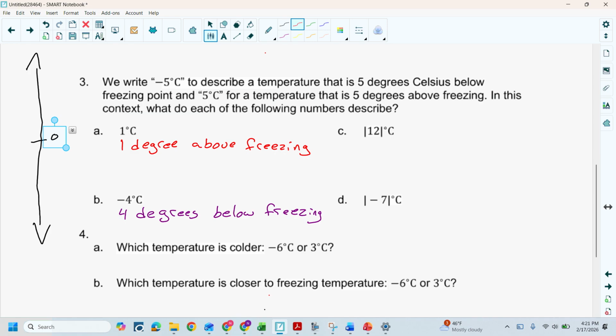And so 1 is right there. -4 is right there.